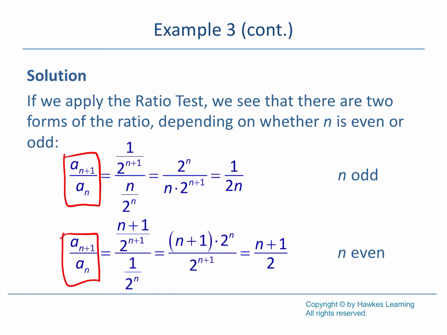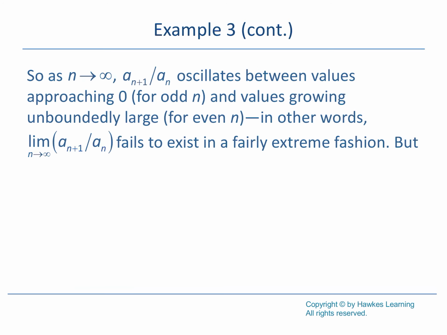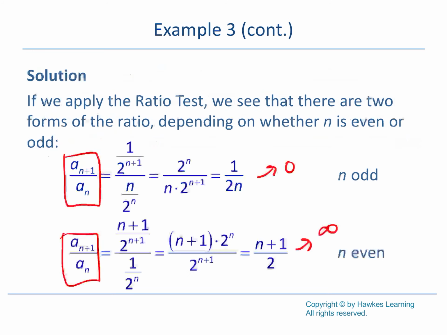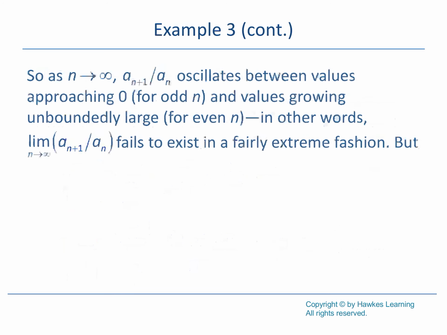If you are taking the limit as n goes to infinity of each one of these, this one would go to 0. This one would go to infinity. So that's a problem for the ratio test. If you're taking all of them together and you're letting n go to infinity, the ratio would oscillate between 0 and numbers that are growing unboundedly towards infinity. And this limit fails to exist in a fairly extreme fashion.